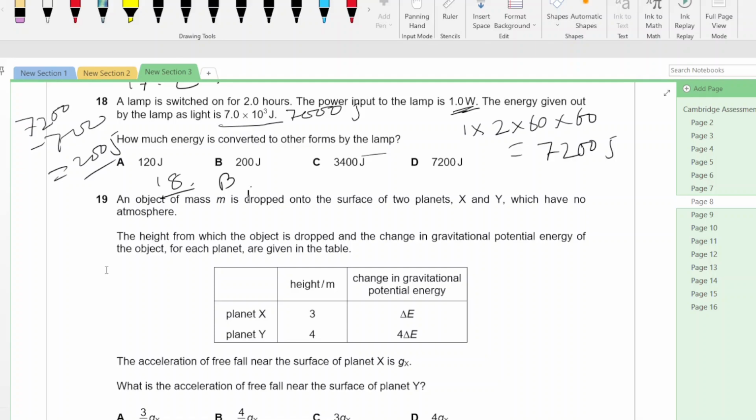The acceleration of free fall near the surface of planet X is gx. What is the acceleration of free fall near the surface of planet Y?